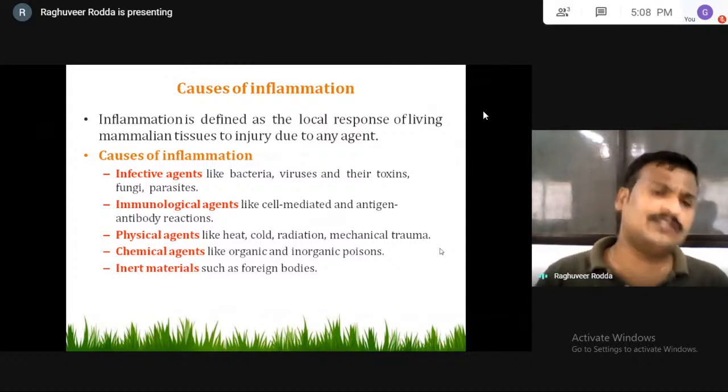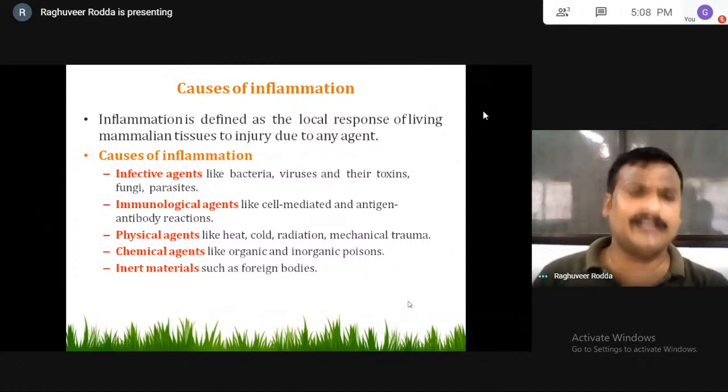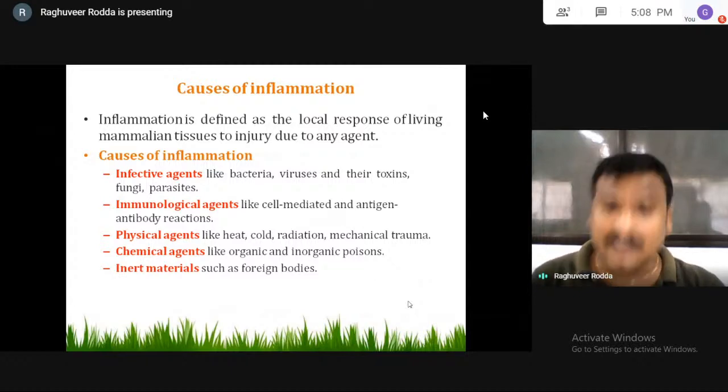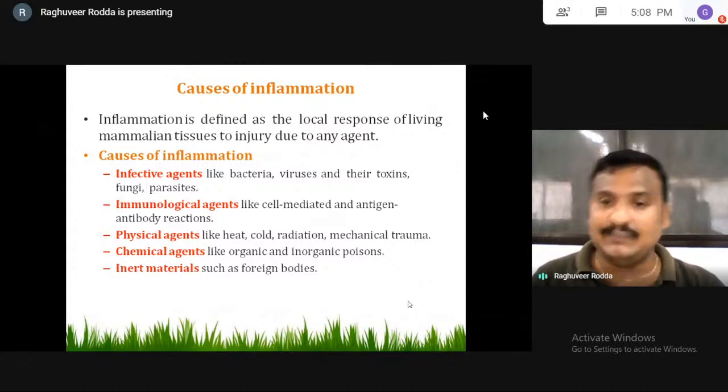So what are the causes of this inflammatory condition? The causes are mainly infectious agents like bacteria, virus, toxins, fungi, and parasites.